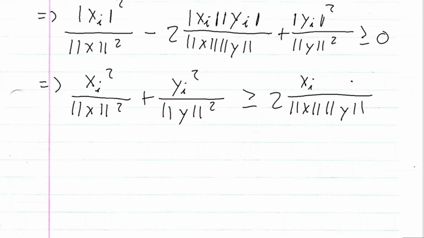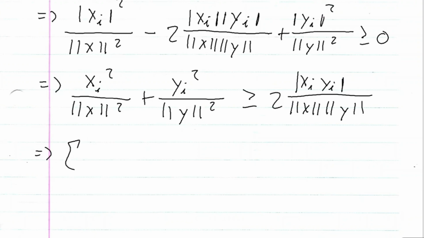So I know that this is the same thing as x_i times y_i. Okay, so remember, these i's represent any component in x, which is in R^n, right? So if this inequality is true for any of those components in x and y, surely the sum of all those components is the same. So this is what I mean.